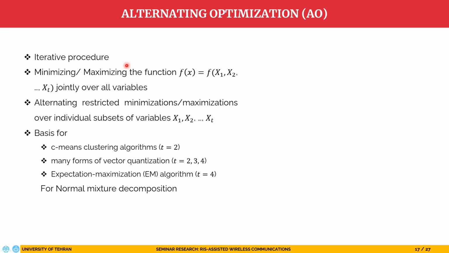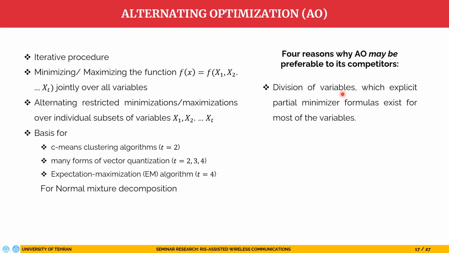This alternating optimization method is the basis for k-means clustering algorithms, many forms of vector quantization, and the expectation maximization, or EM, algorithm for normal mixture decomposition. There are reasons why alternating optimization may be preferable to its competitors.